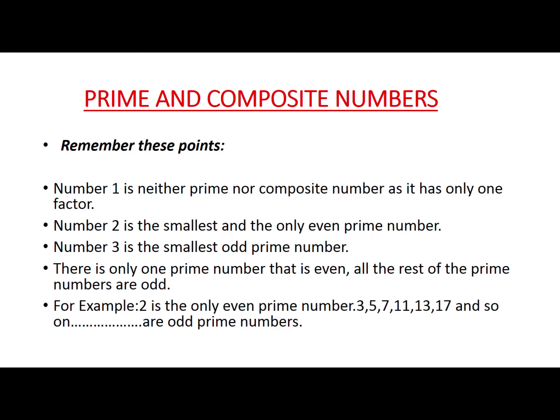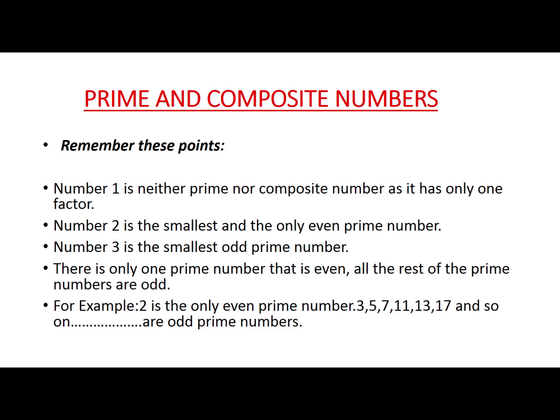So number 1 is the only number that has only one factor. We can say it is a special type of natural number. Next, number 2 is the smallest and the only even prime number. Number 2 has only two factors, so it is a prime number and also the smallest even prime number.